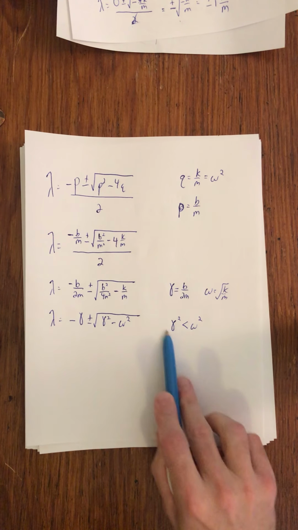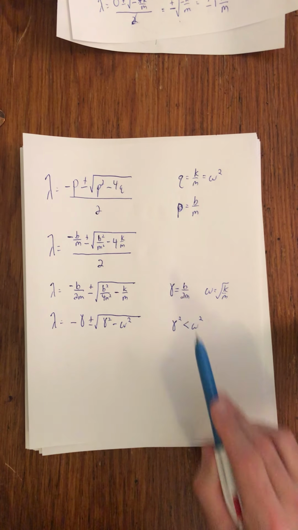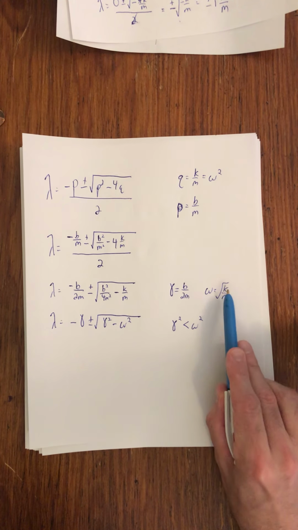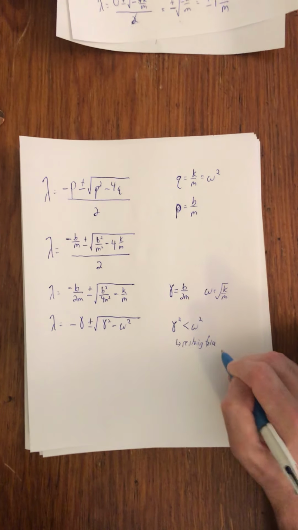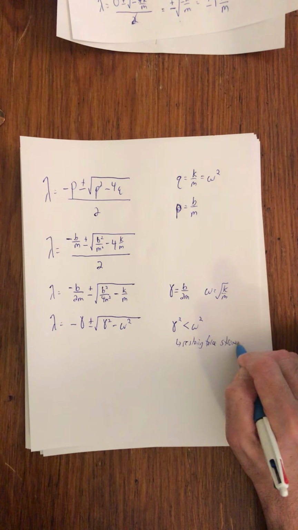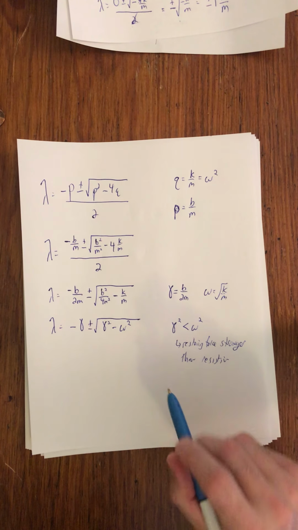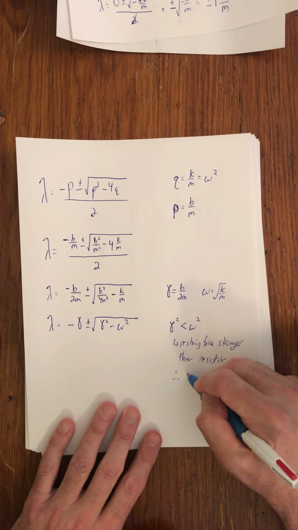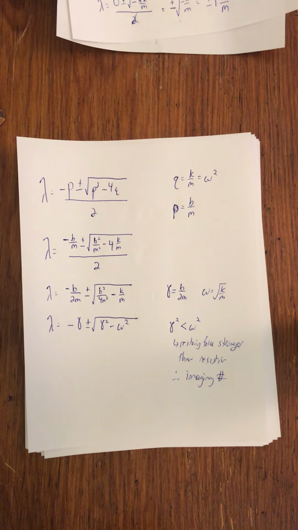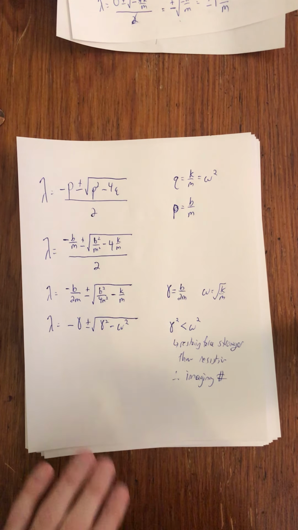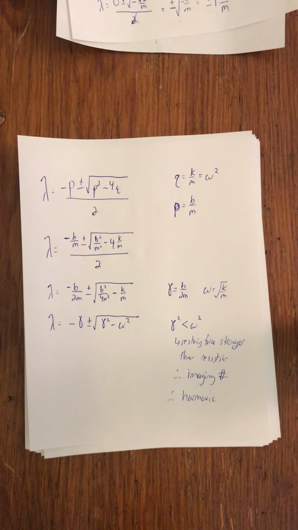Meaning, the thing that's talking about how strong the resistive force is has to be weaker than the restoring force, right? So if the restoring force is stronger on average than the resistive force, then therefore I'm going to get an imaginary number. Okay? And that's really helpful to get that imaginary number, because then this thing goes into a harmonic motion because it's going to have sines and cosines.